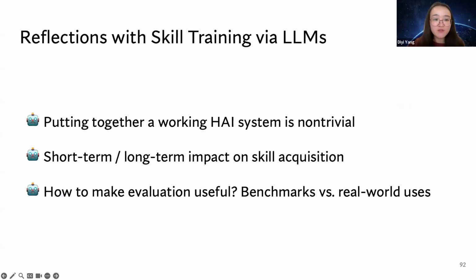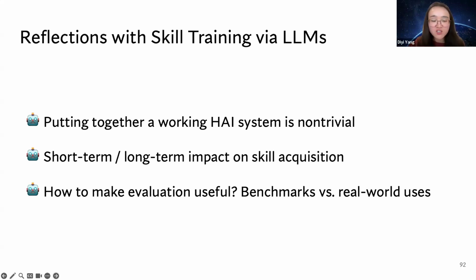Just to quickly reflect on this part, what we learned is that putting together a working human-AI collaboration system is actually not trivial. And we haven't looked at a lot of the long-term impact on people's skill acquisition.